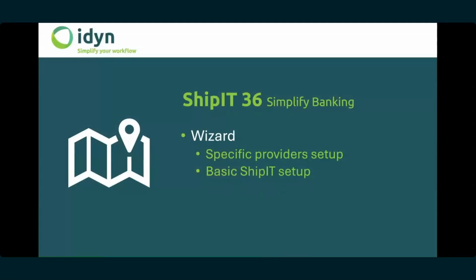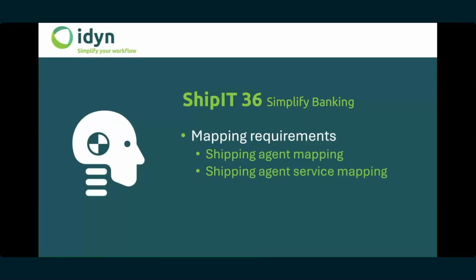Provider setup is done. Next step, mapping requirements. What do we need to make that mapping available? This is the basics that we need to get a transport order connected to a basic sales order or warehouse shipment. So these are the two next parts to discuss.